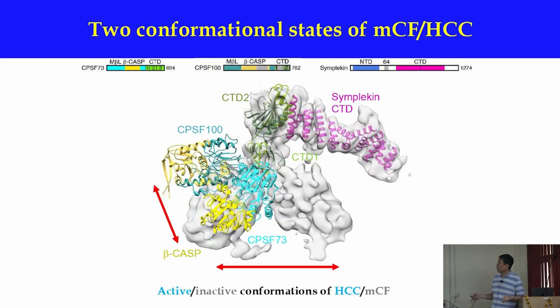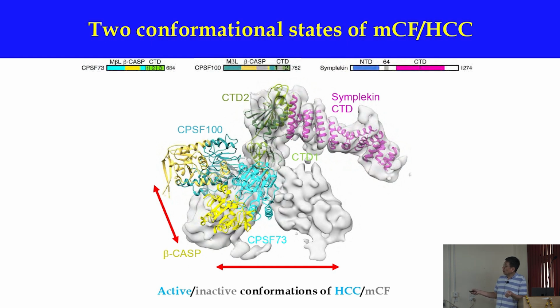And there's one more aspect that let me explain a little bit. Here I show you an overlay of two structures. In the cartoon drawing in color is the structure we observed in the U7 snRNP in the active state, with CPSF100 and CPSF73 in close contact, and then Symplekin up here.